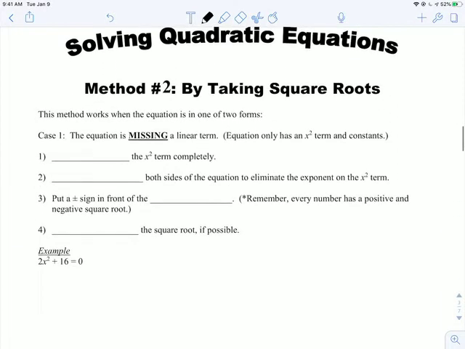All right, so now let's take a look at the method of solving by taking square roots. It says this method works when the equation is in one of two forms. Case 1, the equation is missing a linear term. Another way to say that is that your b is equal to 0. So the first thing that you want to do is isolate your quadratic term, your x squared term.